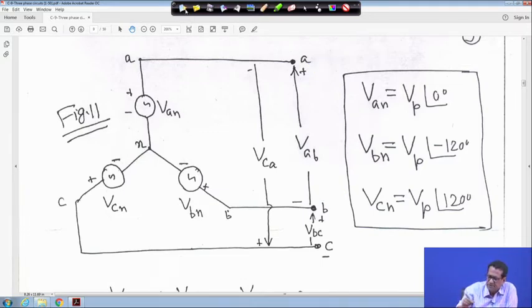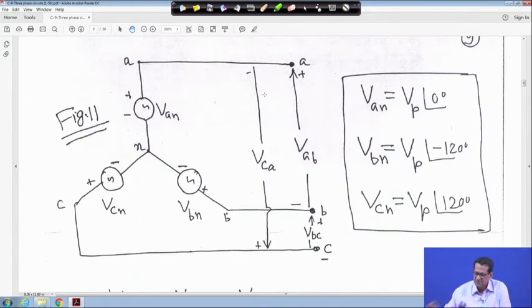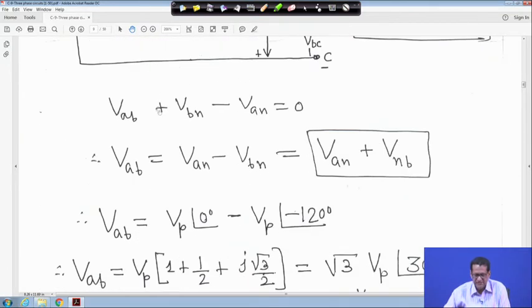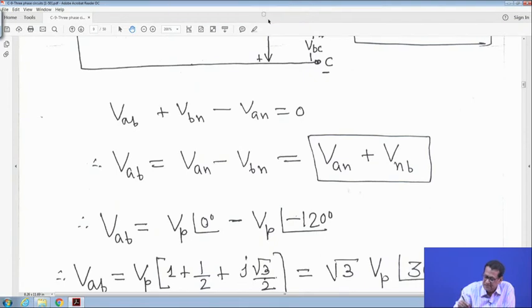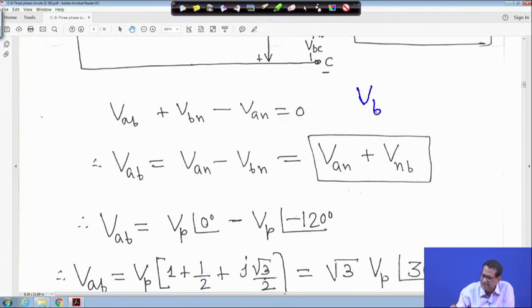In this case, as I wrote, VAB is equal to VAN minus VBN. This VBN you can write as minus VNB, just changing N to B, right.